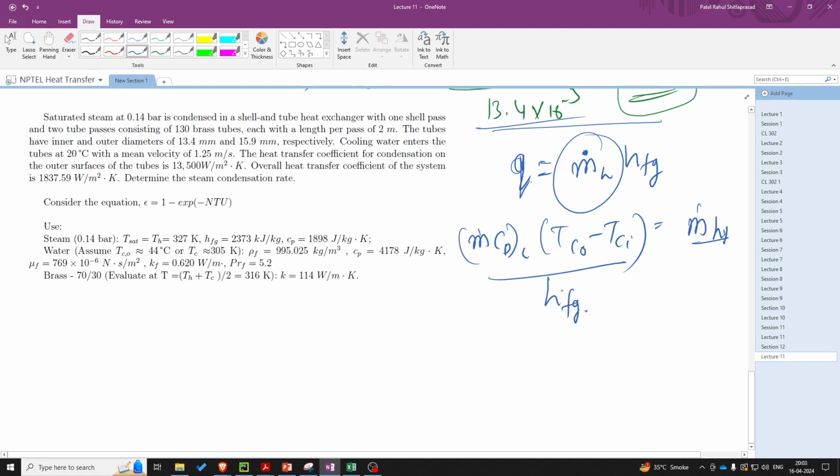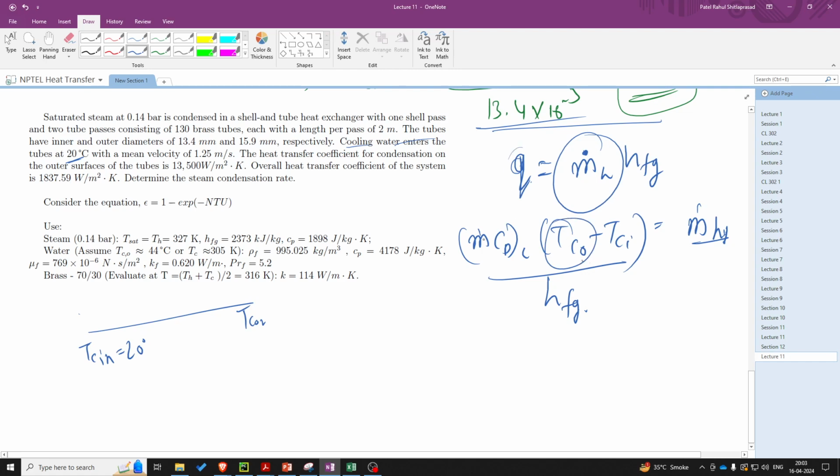Now in the given question, we have been given that cooling water enters at 20 degrees Celsius, that is Tc_in is 20 degrees Celsius, but we haven't been given Tc_out. So this term we need to calculate.